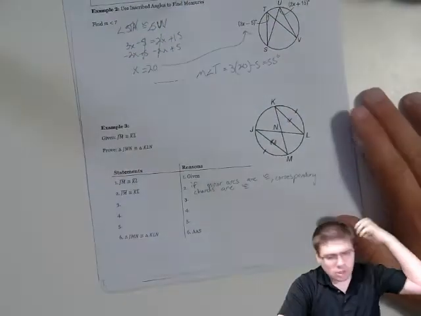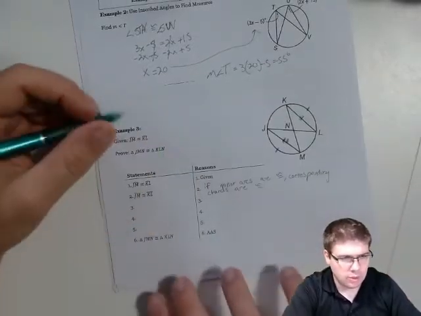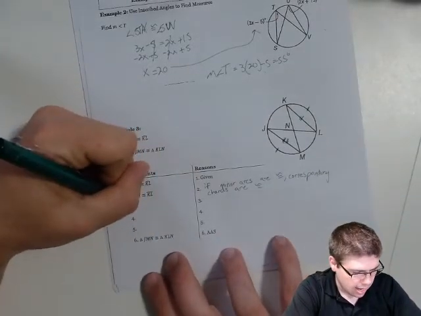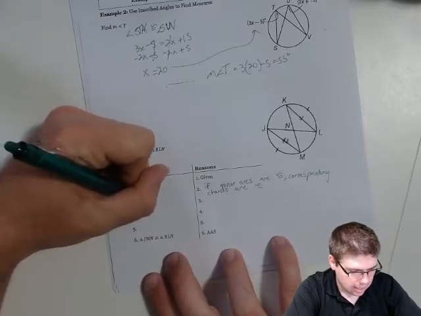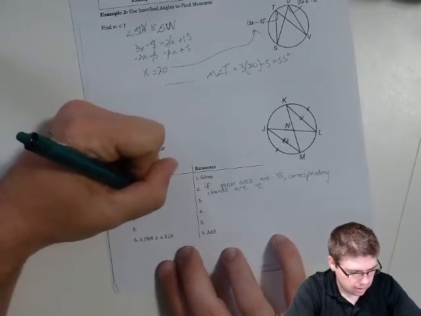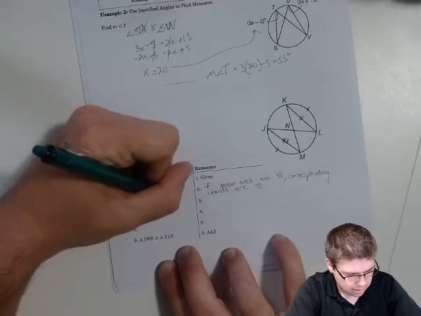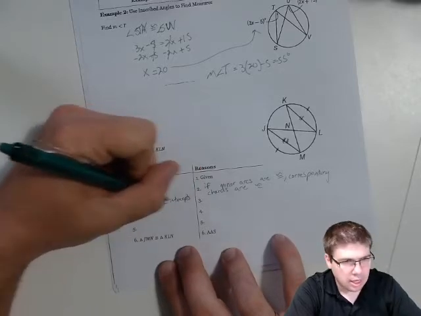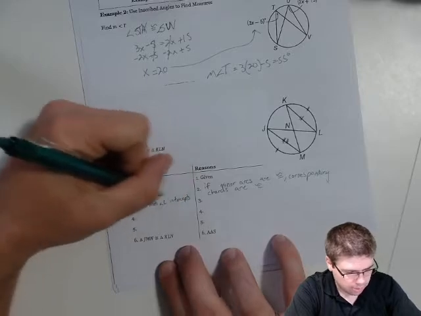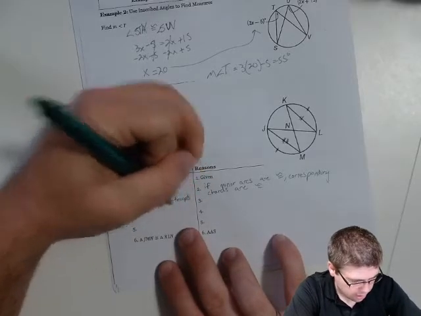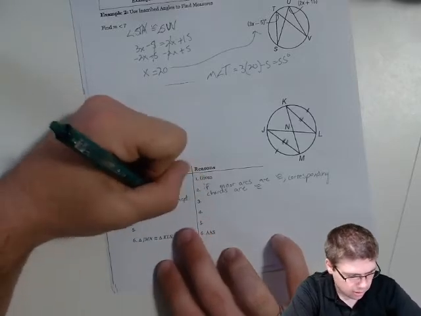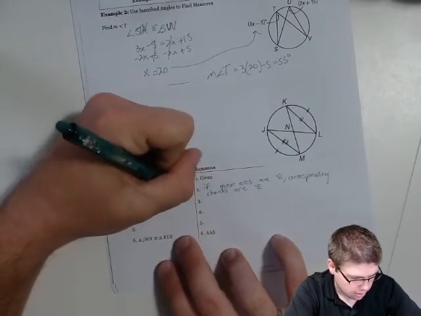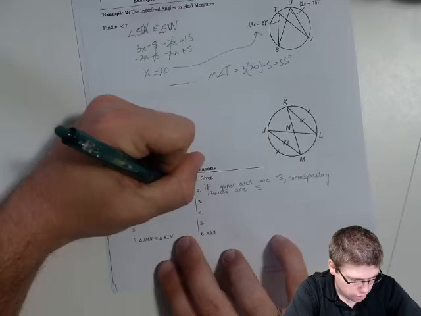And then we could go about this a couple different ways, but one way we could do this is we could say angle M and angle L intercept arc JK. Sorry, angle M and angle L intercept, I'm going to squeeze it in here, arc JK.